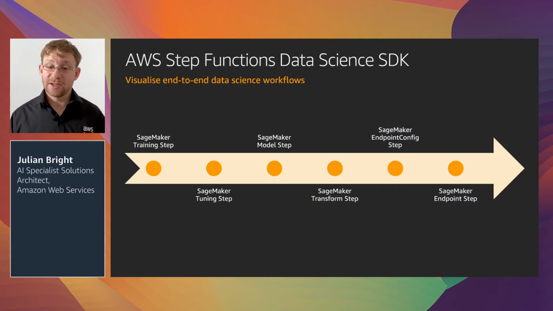AWS Step Functions Data Science SDK provides a similar capability to Airflow insofar as we can kick off training jobs, tuning jobs, deploying those model artifacts to real-time endpoints, or provide batch transform processes.